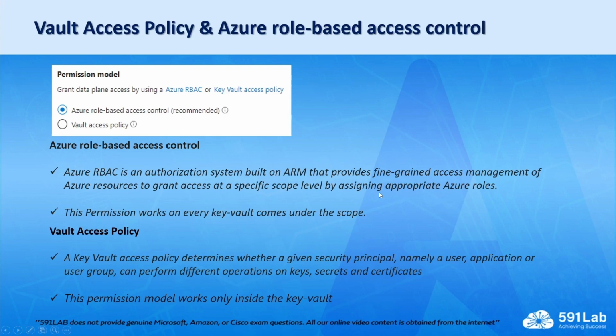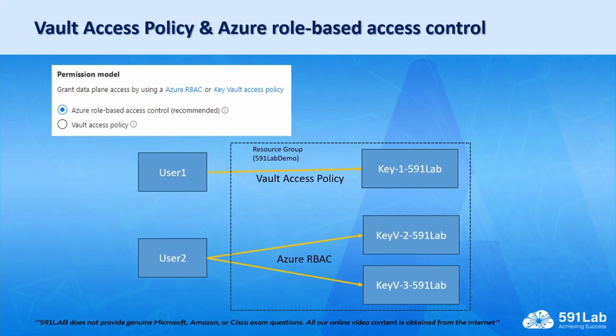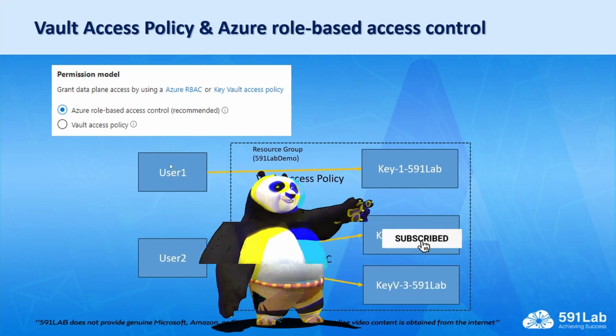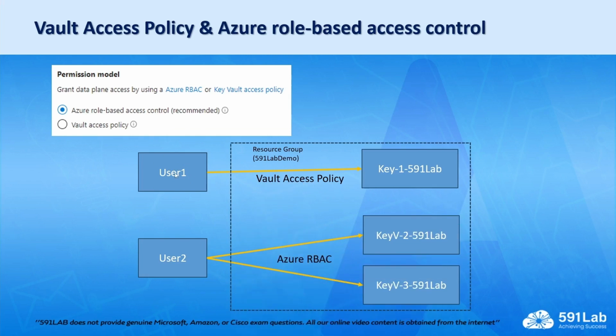Let's understand this via a diagram. So here we have three Key Vaults. Key Vault 1 is using the Vault Access Policy permission model. Key Vault 2 and Key Vault 3 are using the Azure RBAC permission model. So if we assign permission to user 1 on Key Vault 1, then he will only be able to manage keys, secrets, and certificates of Key Vault 1.